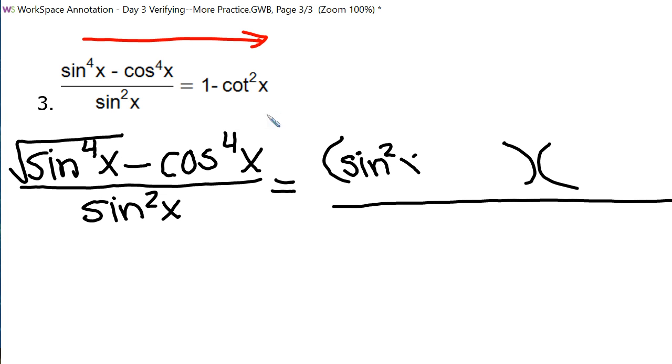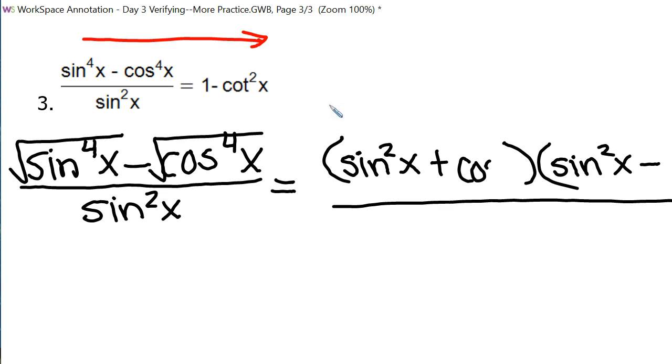Sine squared of x, sine squared of x. One is a plus, the other is a minus. And what is the square root of cosine to the 4th power of x? Cosine squared of x and cosine squared of x.